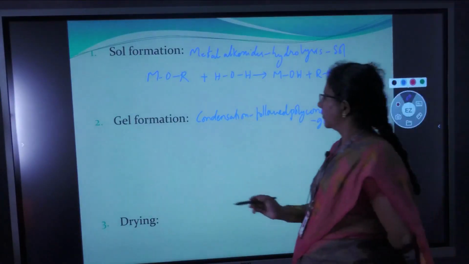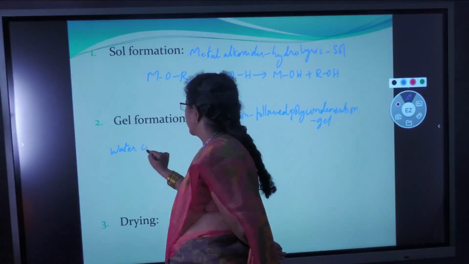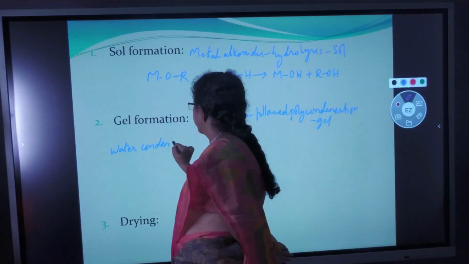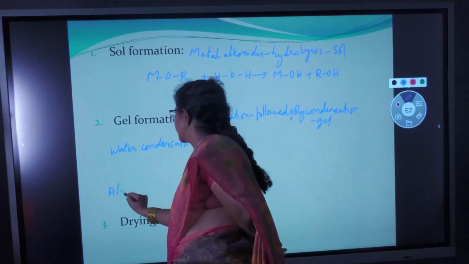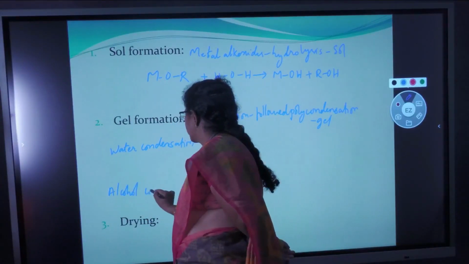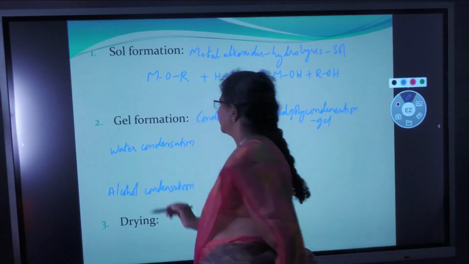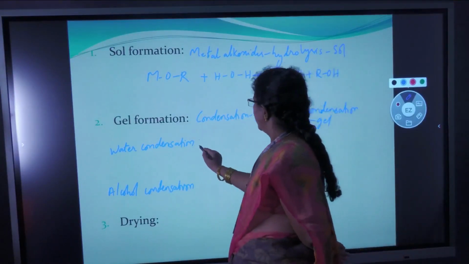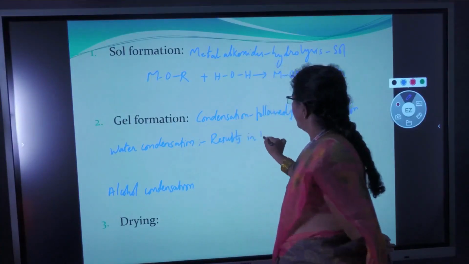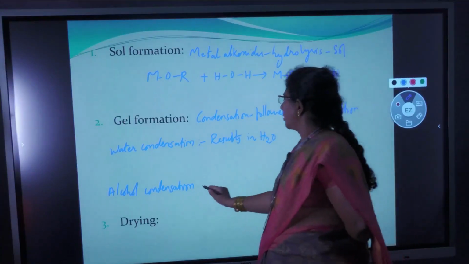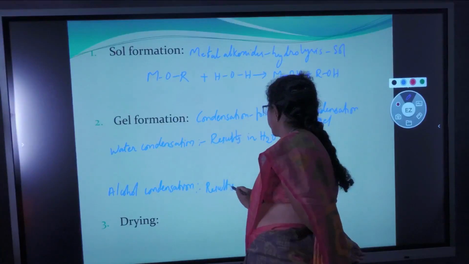Here, water condensation can take place, or alcohol condensation. Water condensation results in water. Alcohol condensation results in the formation of alcohol.